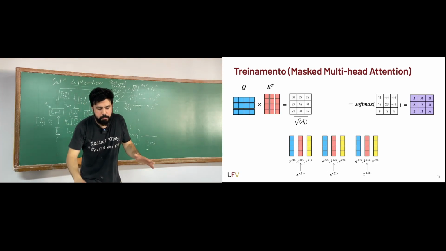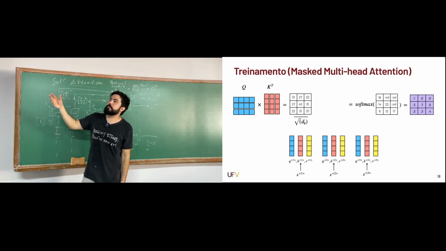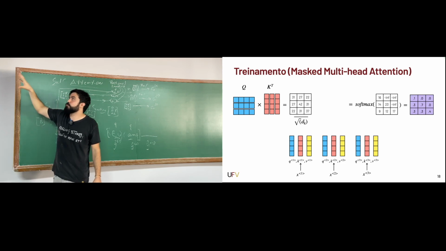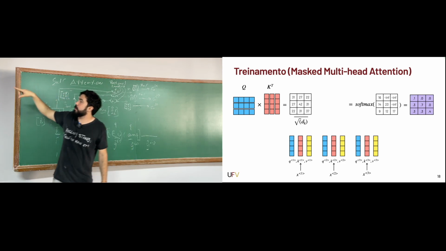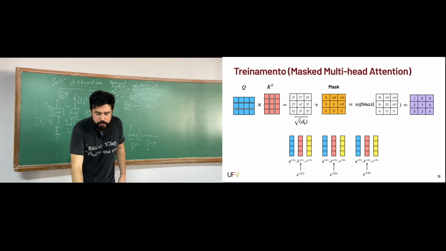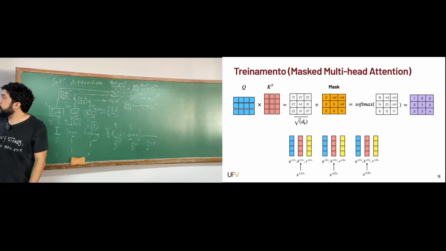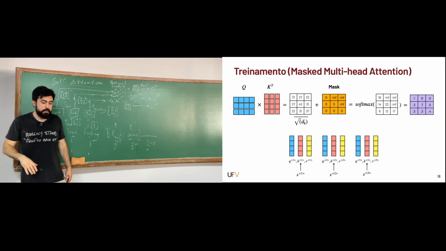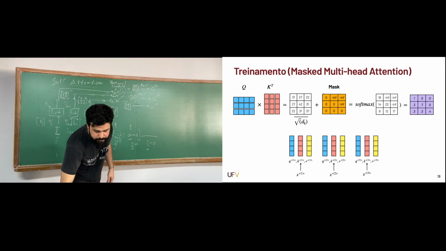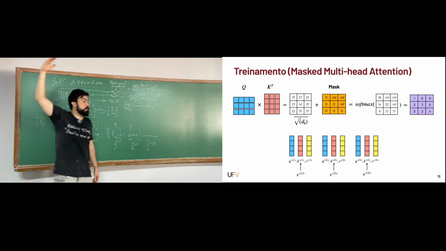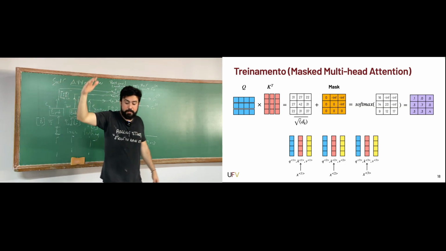And just to make this more visual, the way you actually implement that is you keep the same masked multi-head attention we had from before. But there is one mask matrix you have to build. You basically just make this matrix where the bottom left of the matrix has zeros, and the top right has minus infinity.